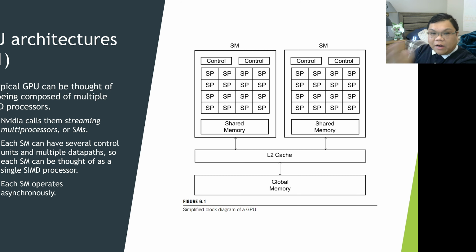So there are multiple SIMD processors on a GPU, which NVIDIA calls streaming multiprocessors, or SM. Each SM can have several control units and multiple data paths. And you can think of a single SM as being a single SIMD processor, and each one operates asynchronously from one another.